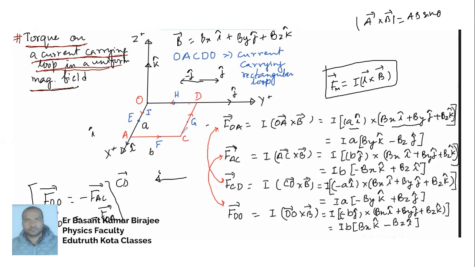So yesterday we had calculated the net force is 0. Now we have the force on each arm, and we know the net force on the loop is 0, as we already calculated yesterday. You can also conclude this by observing the general relations.